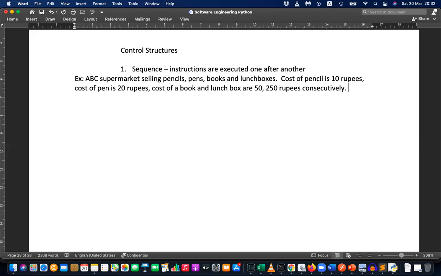Cost of a book is 50 and cost of a lunch box is 250 rupees. Sorry, respectively, right?